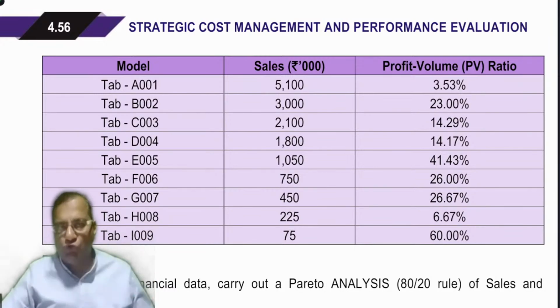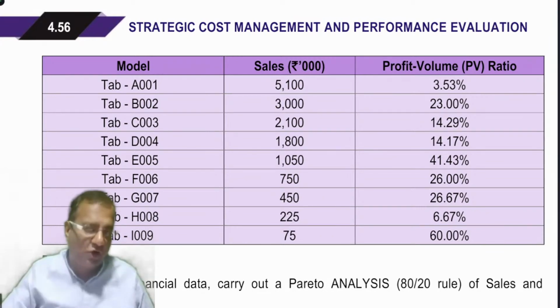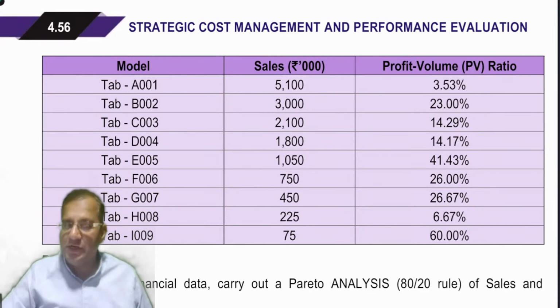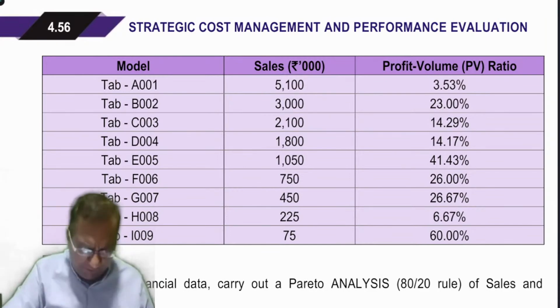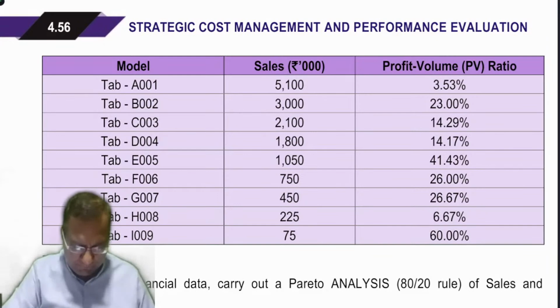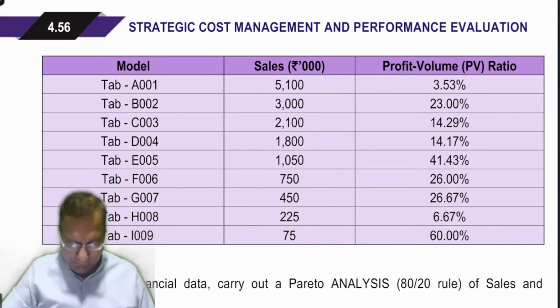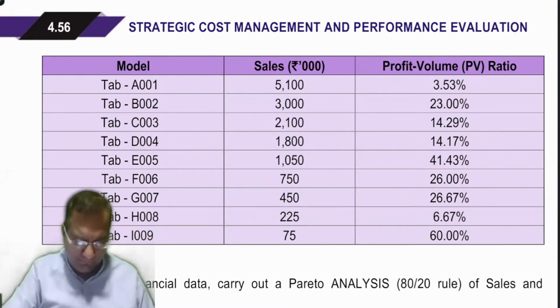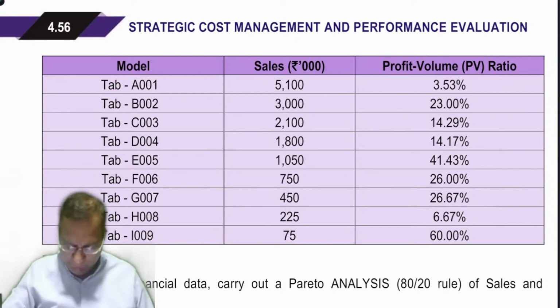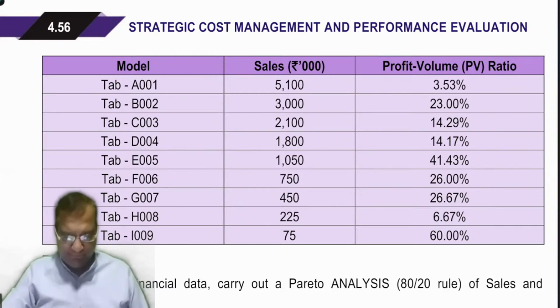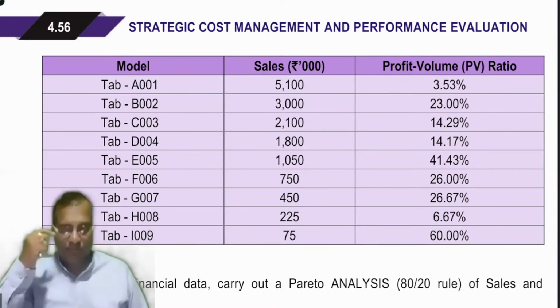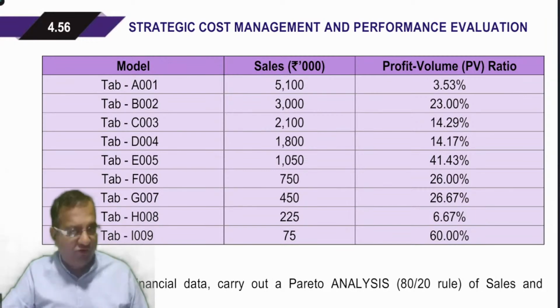Which are the first two top priority products of the Pareto chart of contribution? Because that data has not been arranged, we have to arrange that data. I asked a very simple question. Please communicate fast, beta.